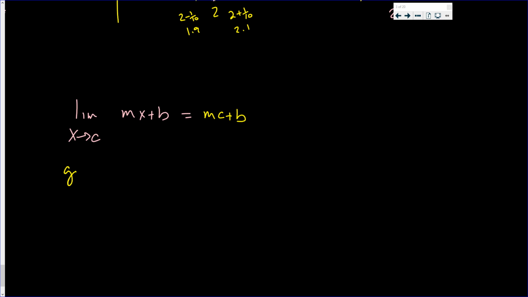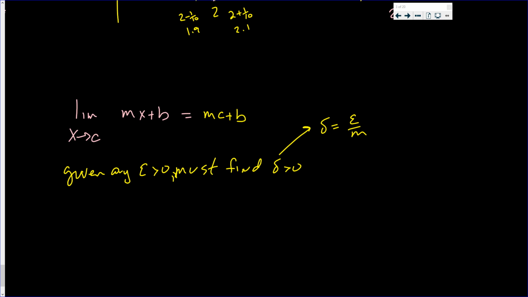Now, given any epsilon greater than 0, we must find delta greater than 0. And delta, oops, that's not how you write delta. Delta is supposed to equal epsilon over the slope.